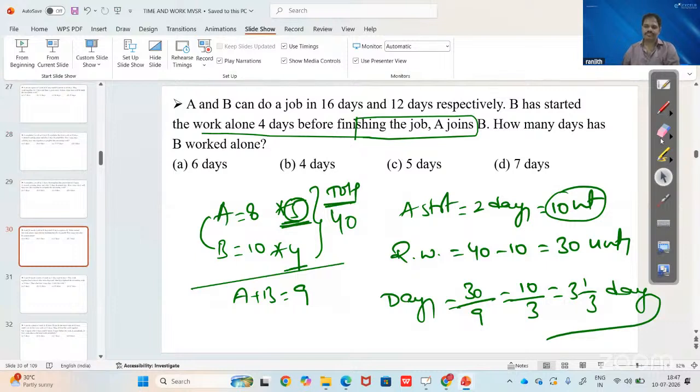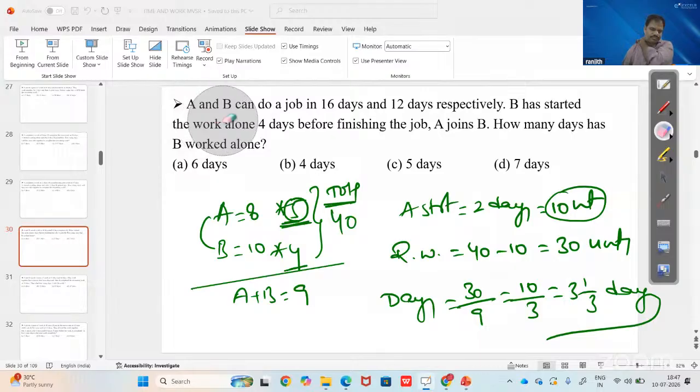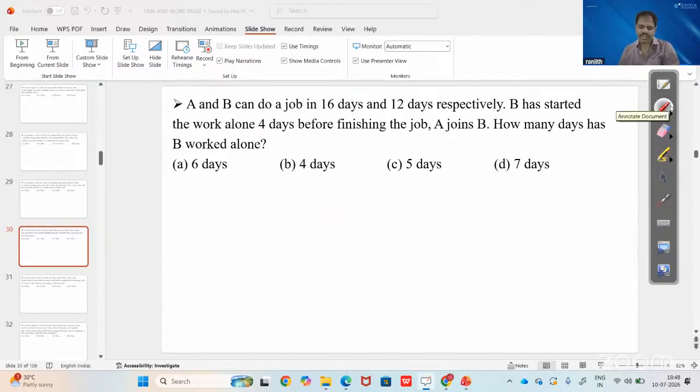Next, let's see. A can complete the work in 16 days.